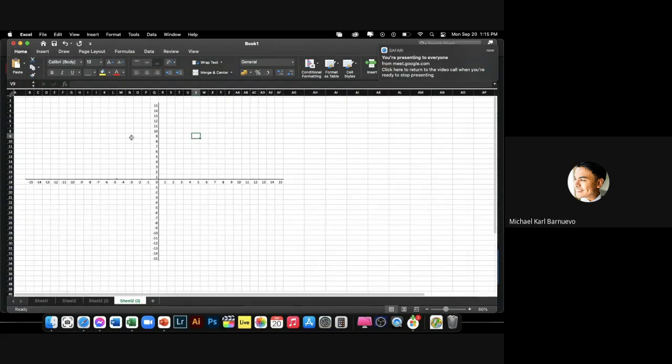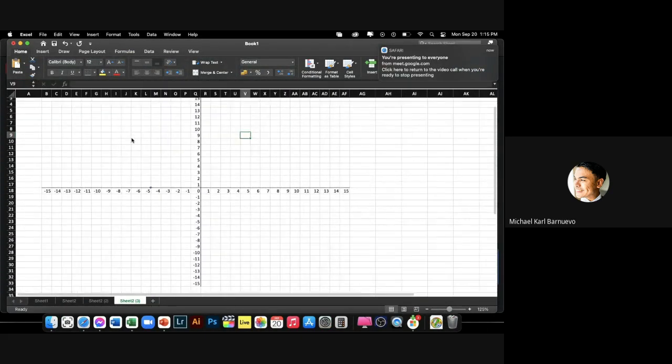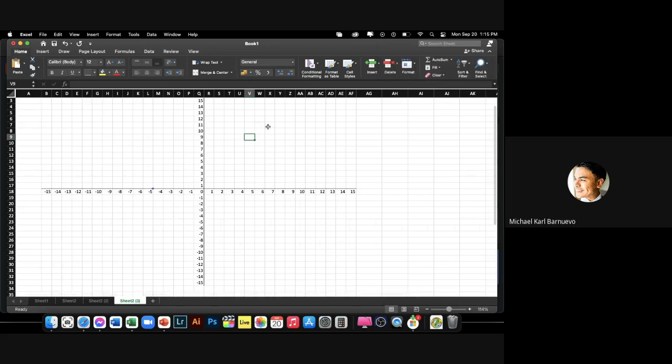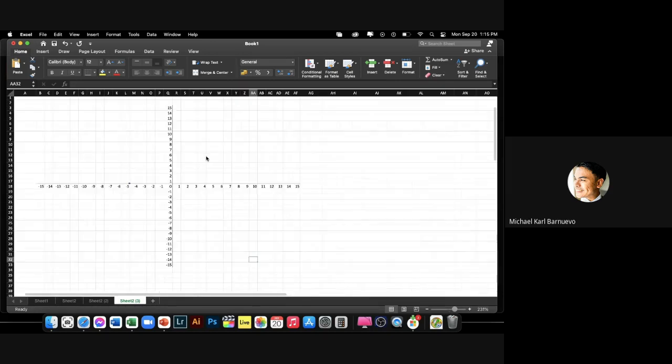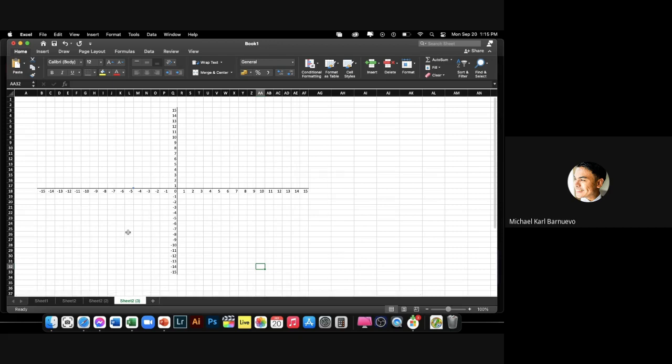Like this, this is a normal Cartesian plane. Quadrant 1, 2, 3, and 4. If you remember our discussion in our orientation, I asked you to buy your graphing papers. It's easier to graph using these graphing papers rather than using this tool, Excel. In Excel, you still have to create the Cartesian plane itself. Here, I already created it.